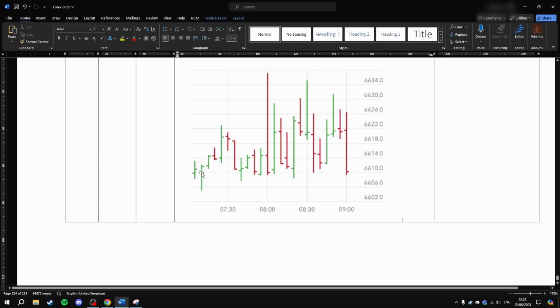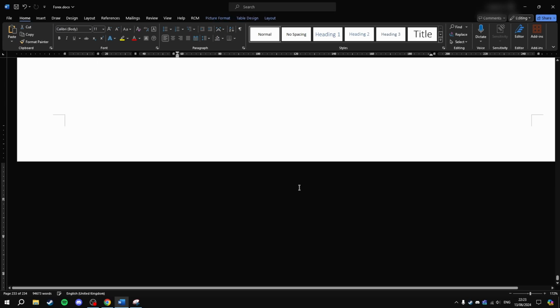Opened here, closed above where it opened, so the price has gone up. Opened here, but it's closed below where it opened, so the price has gone down. Opened here, closed here, price has gone down because it closed below the open price. And so on.